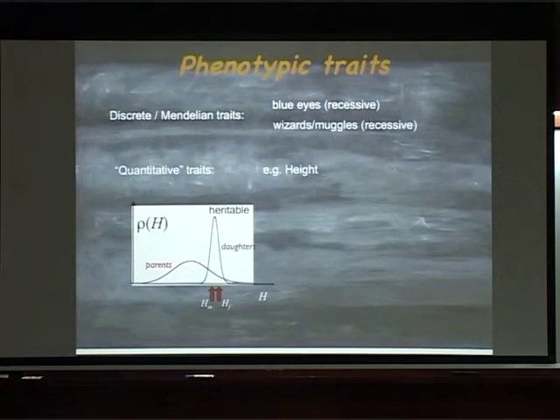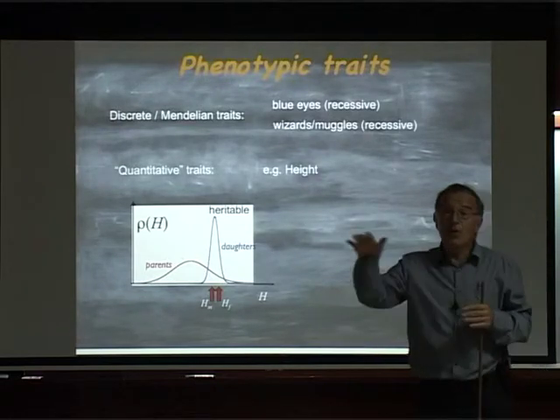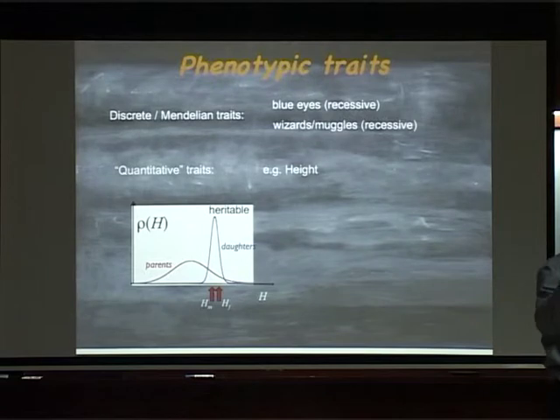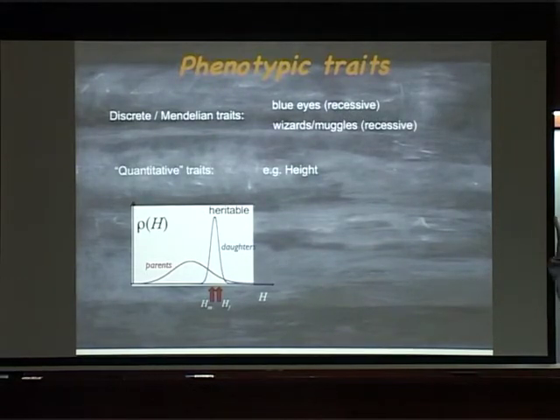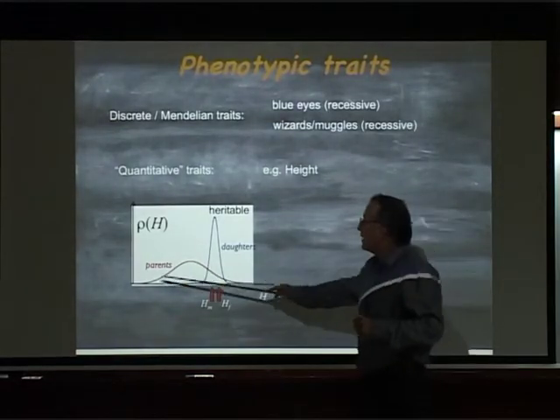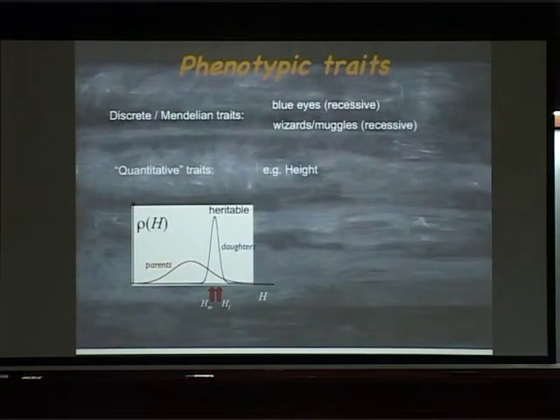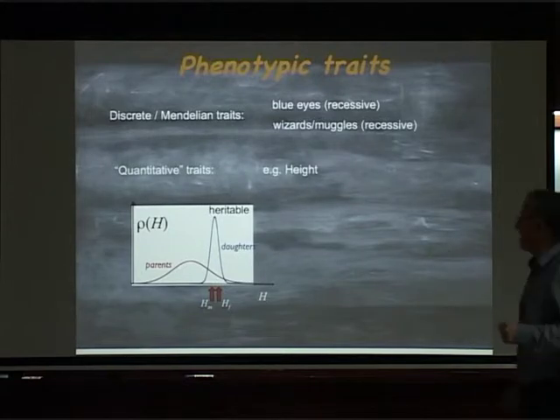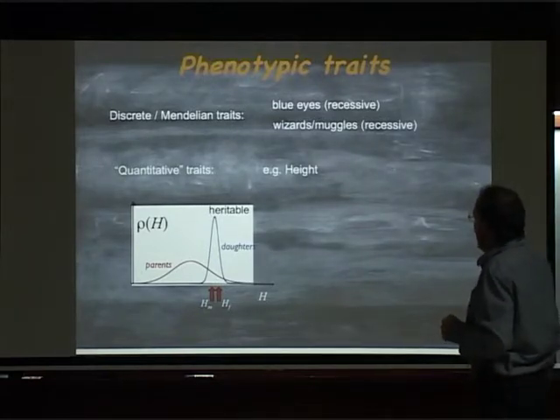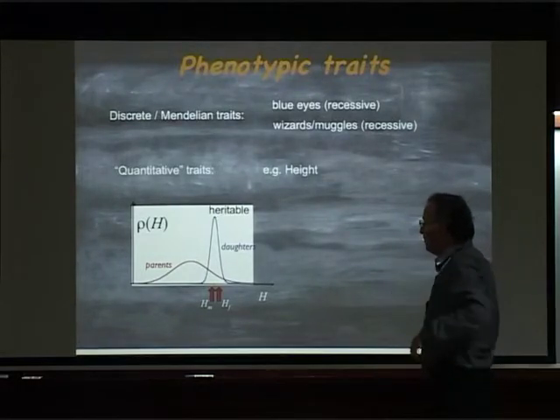But there are other obvious traits. For example, height. If we were to take a little census in this room, we have enough people that I would most certainly discover that the height distribution is more or less Gaussian. And this is what's called a quantitative trait, right? It is a real number as opposed to a binary bit.